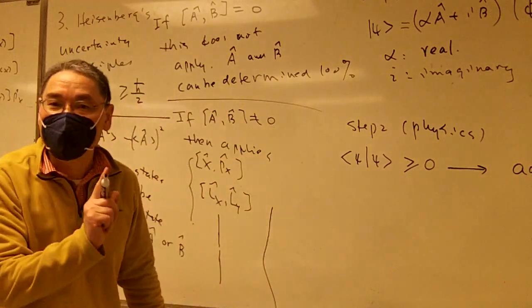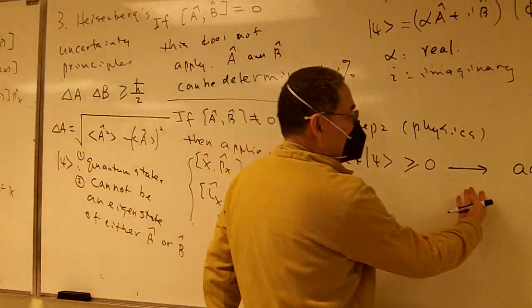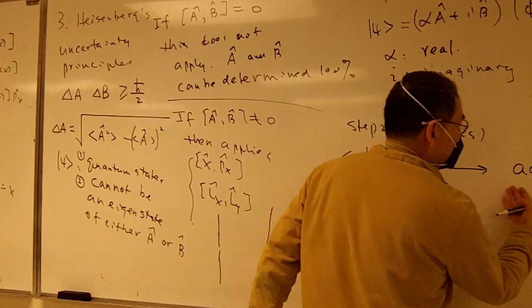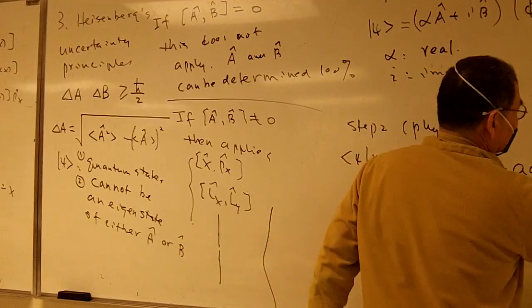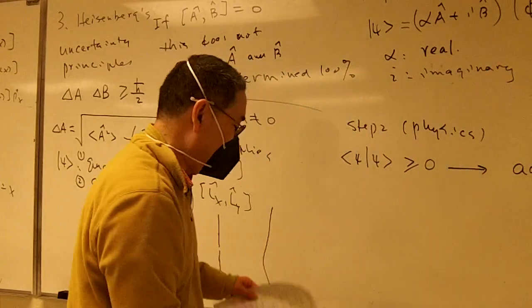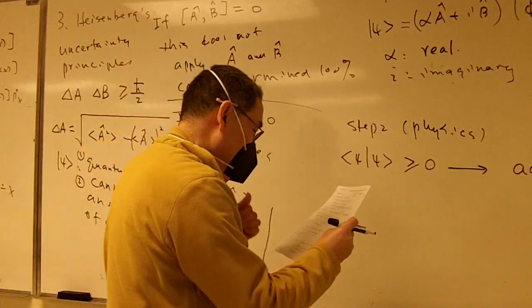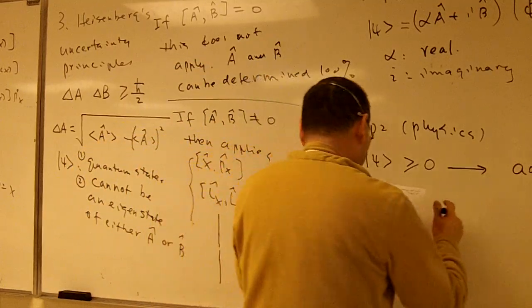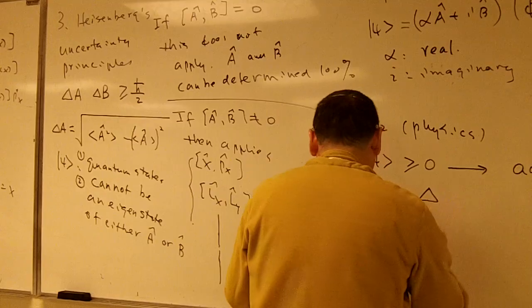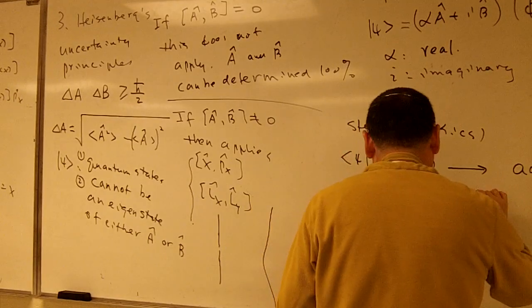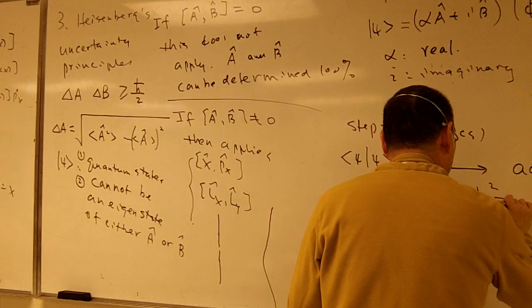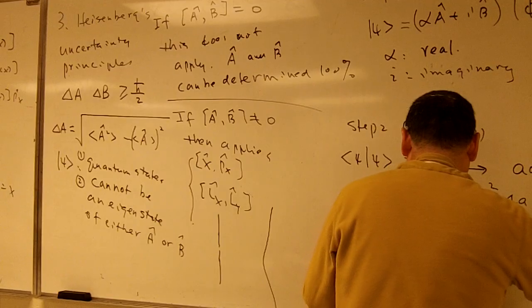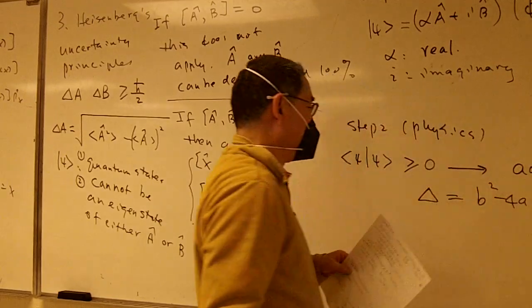Now this is purely mathematics. If this is larger than or equal to 0, then the discriminant should satisfy b squared minus 4ac less than or equal to 0.